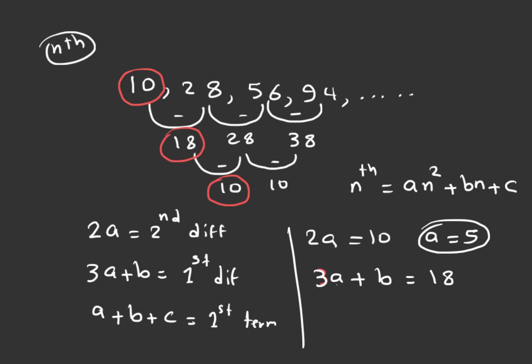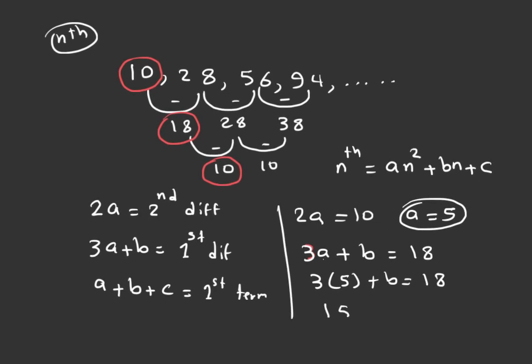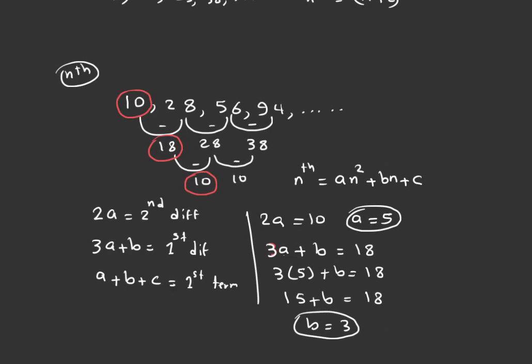But we have a is 5, so 3 times 5 plus b equals 18. So 15 plus b equals 18. Then we can find b. b equals 18 minus 15, which is 3. Now b equals 3. Now to find c, a plus b plus c equals the first term.